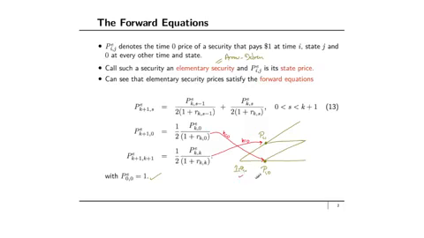Given that we now know these three state prices, we can go forward to calculate P_20, P_21, P_22, again using these two equations for P_22 and P_20, and we can use this equation here for P_21. So actually, this is why they're called the forward equations. We start off with P_00 equal to 1, and we use these equations to work forwards in the binomial lattice to calculate the state prices for every node.